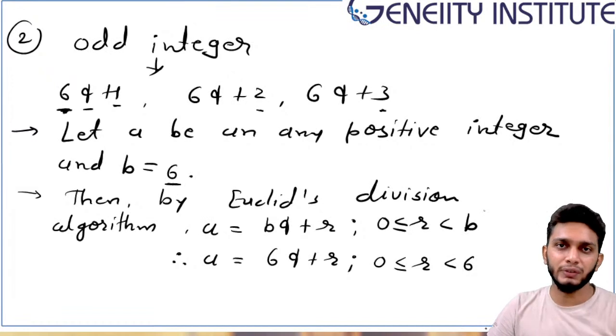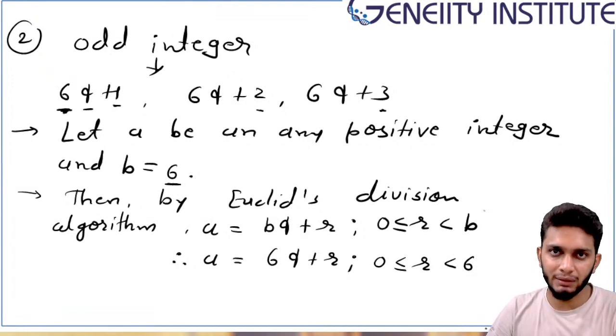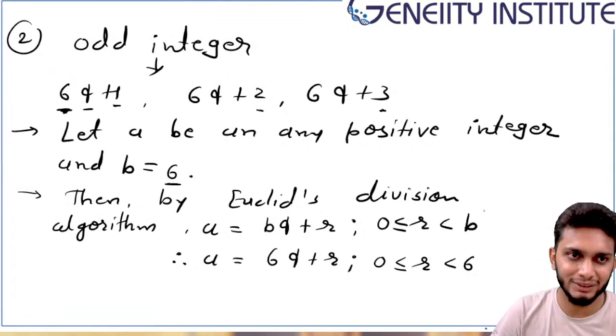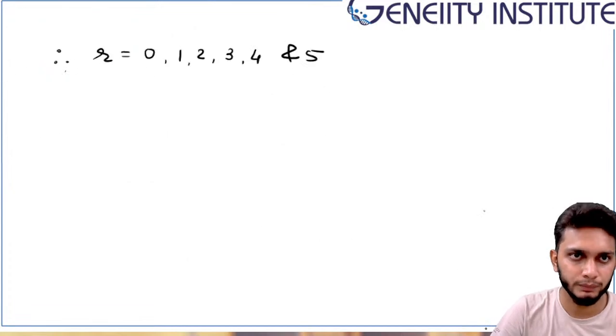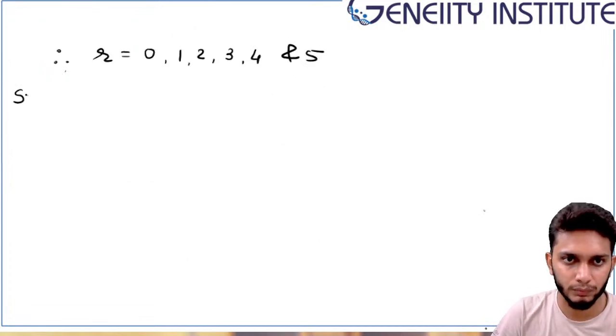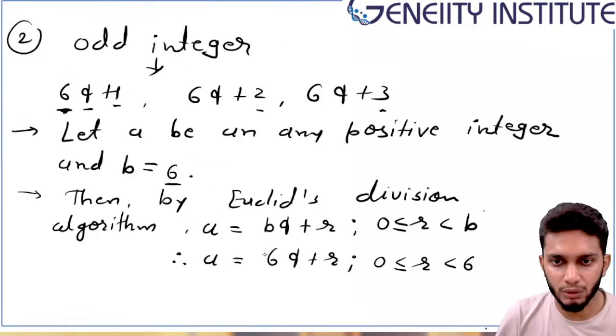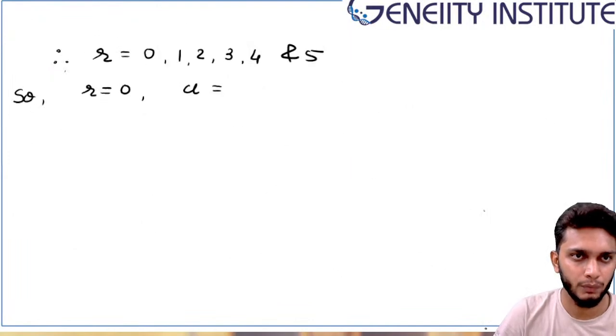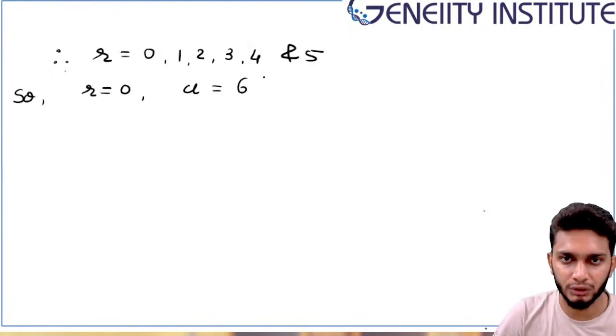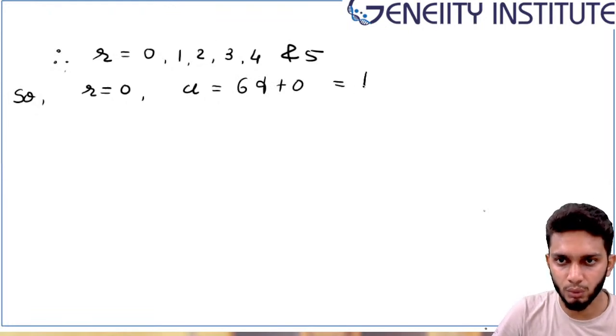When we write the value of r as 0, then we get 6q plus 0. So when you write r is equal to 0, a is equal to 6q plus r. Put r is equal to 0. 6q plus 0 is equal to 6q.